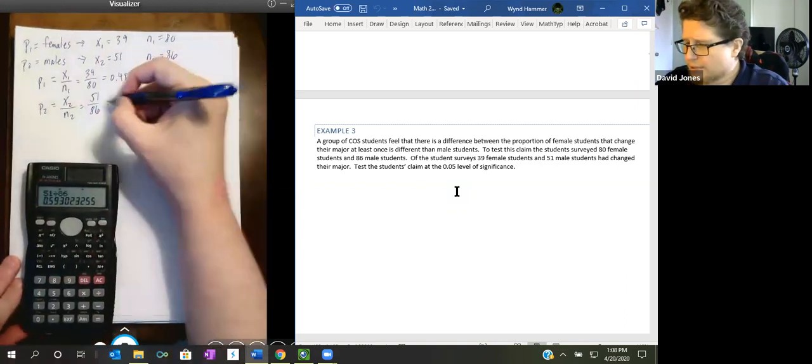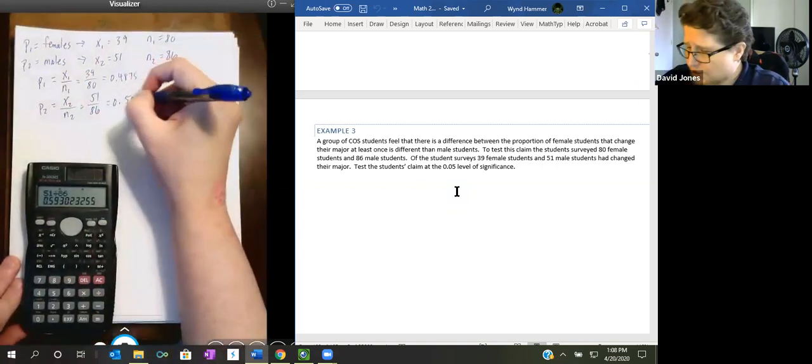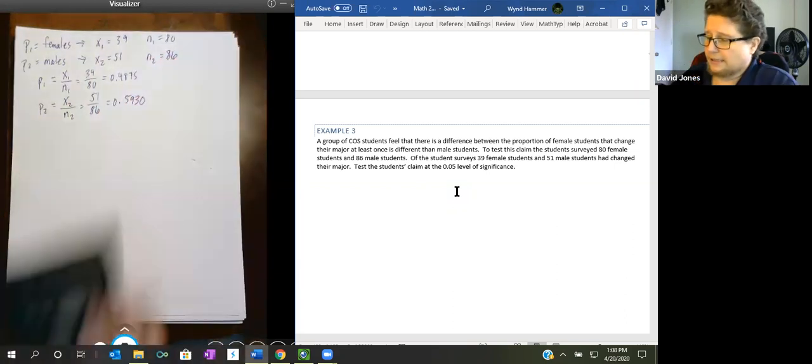And we'll do 4 decimal places again, just because I had 4 in the last one.